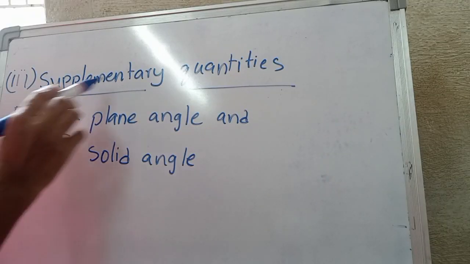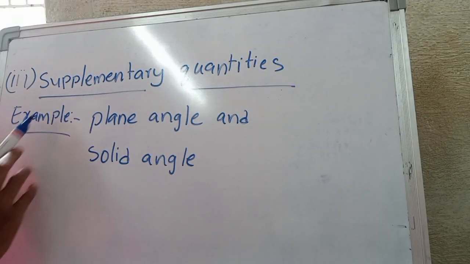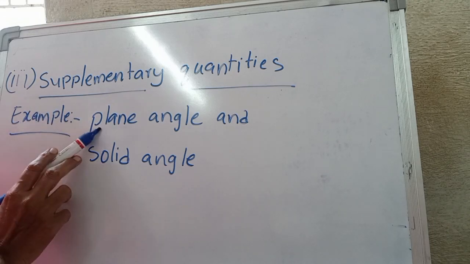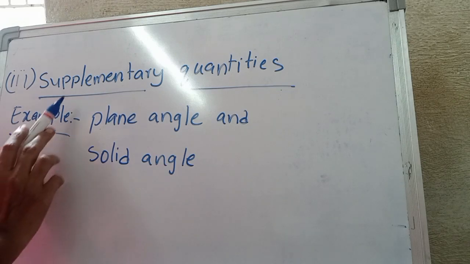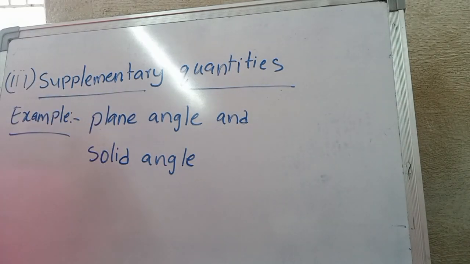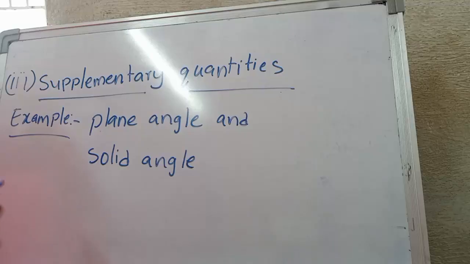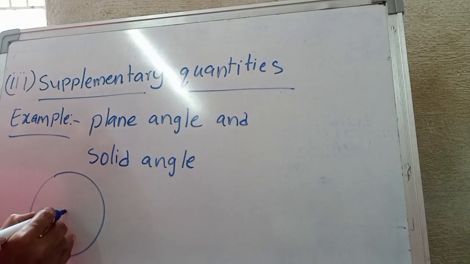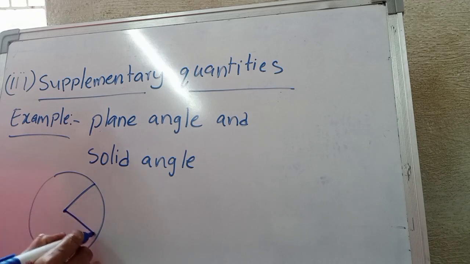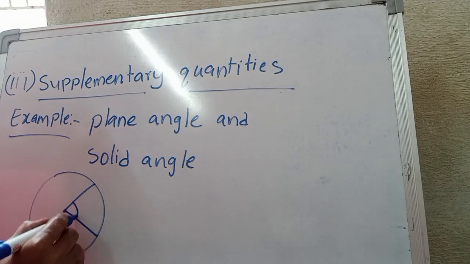The third one is supplementary quantities. What are supplementary quantities? The plane angle and solid angle are the examples of supplementary quantities. Plane angle: in the circle, if you take one angle, the sector is the example of the plane angle.